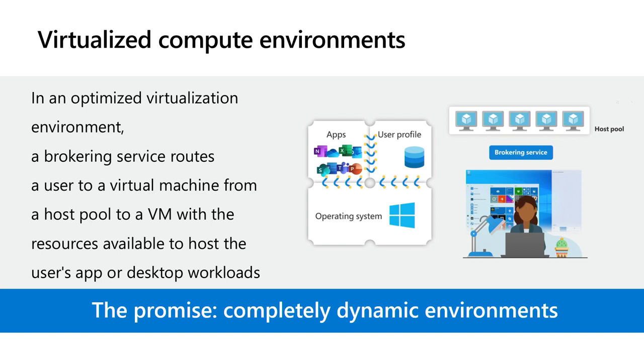The challenge is that every time the user logs into their workspace, if you will, they might be hitting a different VM. So how do we make sure that all the three components come together for this person in a cost-effective, efficient manner without sacrificing the user experience?